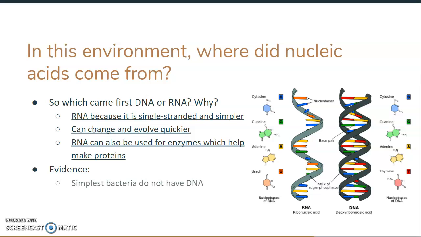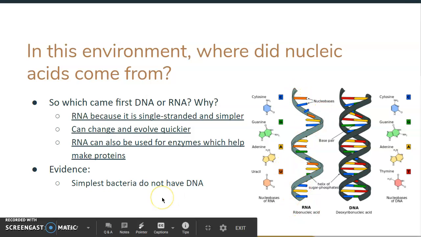So our evidence of this is, today we can look at some of our simplest bacteria, some of those microorganisms, and DNA is not present in them. But we do find that there is RNA present in them, and so we believe that early life was an RNA world.